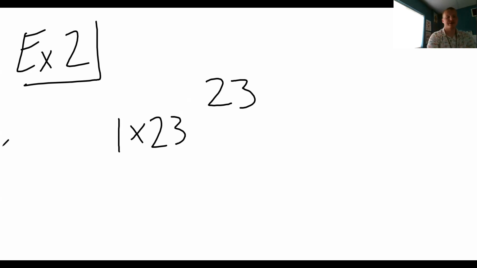So what I like to do is I go through each number. So 1 times 23. 2, does 2 go into 23, Evan? Nope, because it's an odd number. So that would not be it. 3, does 3 go into 23, Evan? Nope, because 3 goes into 24 and 21, so 3 is not an option. How about 4? Does 4 go into 23?